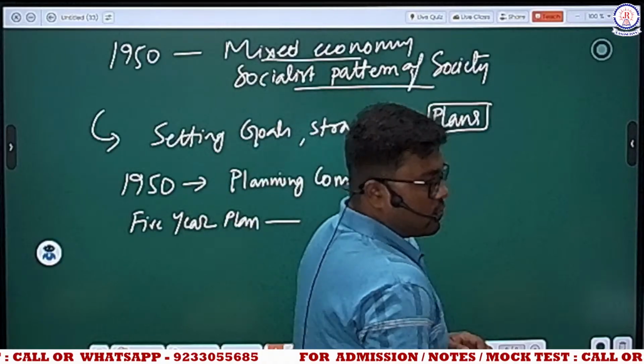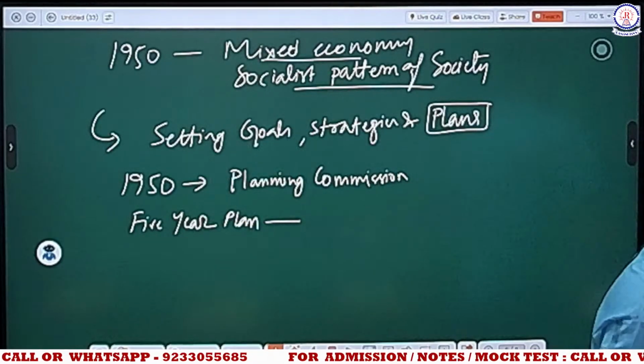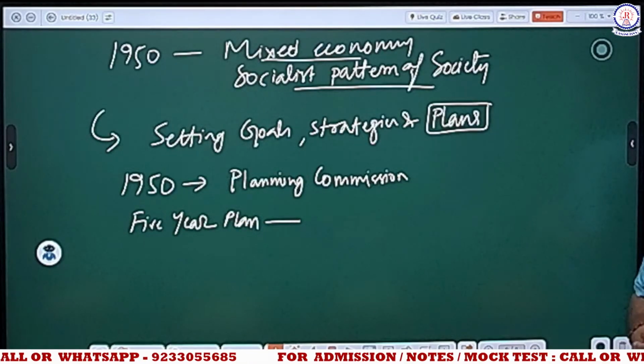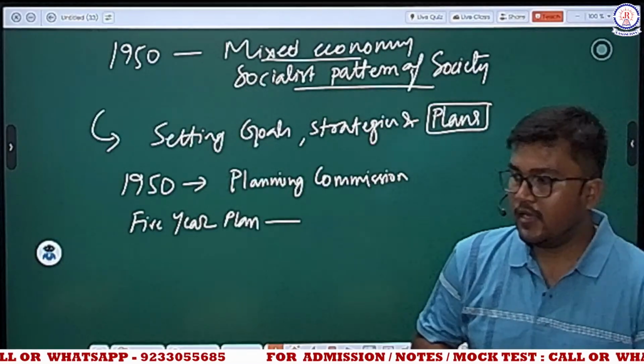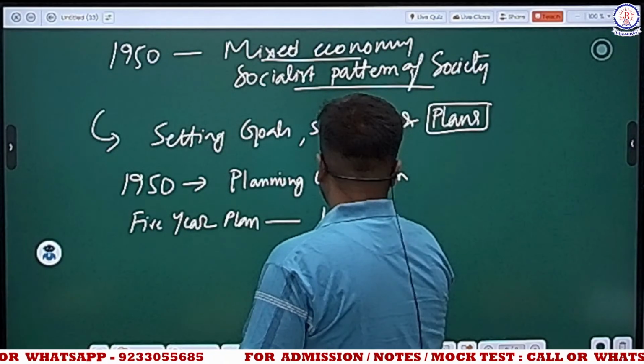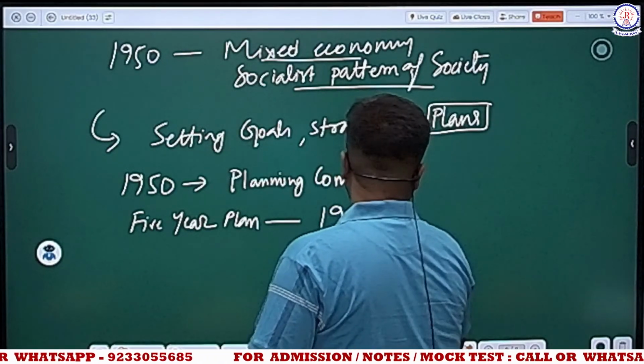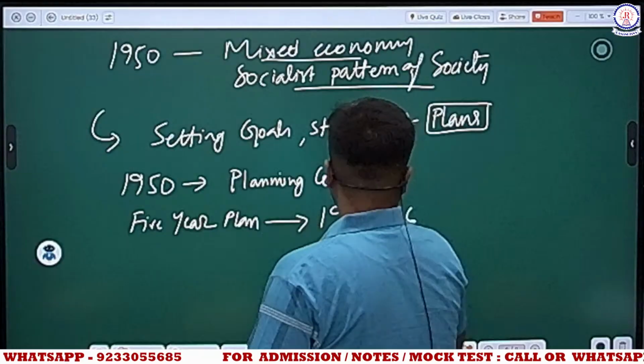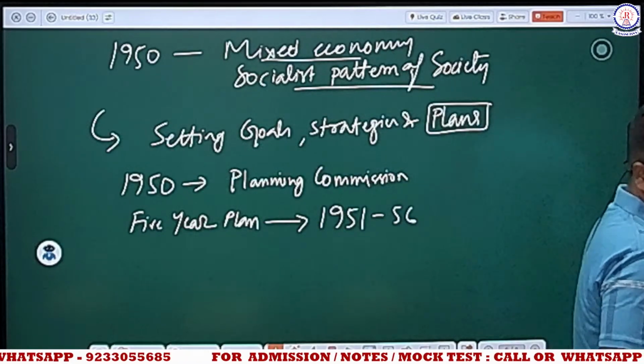This idea was borrowed from the USSR, and the first 5-year plan was implemented in 1951 to 56.